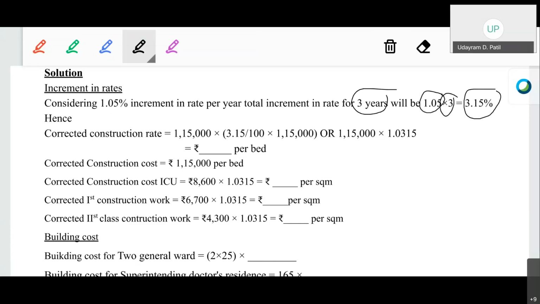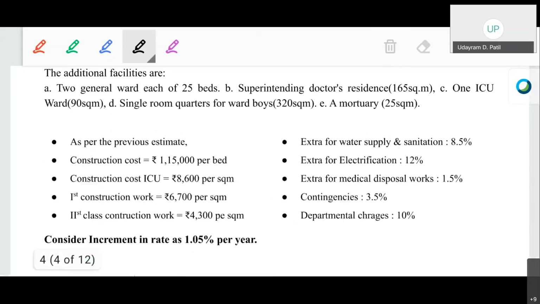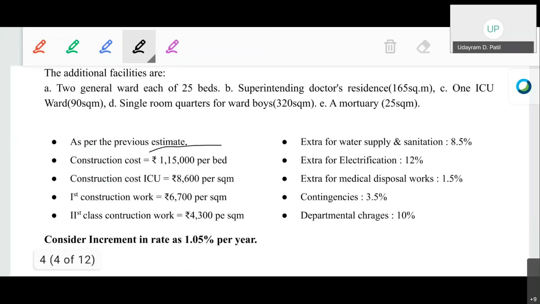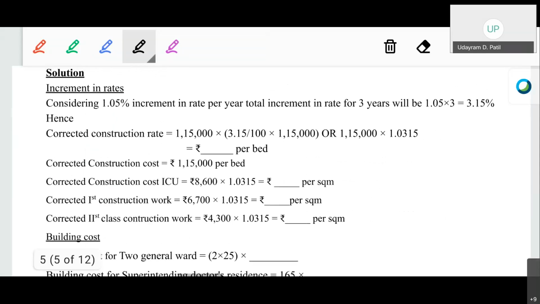Okay, so now the corrected construction rates, for calculating the corrected construction rate for each item of the work. So for the general ward, as per the example, the construction cost is 1,15,000 per bed.